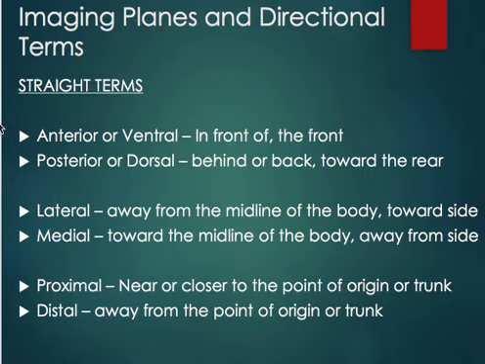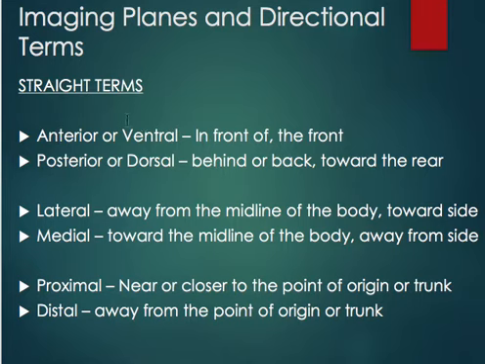Some of the terms that we use, that we call straight terms, one of them is anterior, sometimes referred to as ventral. Ventral is usually used more in animals than it is in humans. We do use it for a few things, but we usually refer to it as anterior when we're talking about straight terms for positioning.